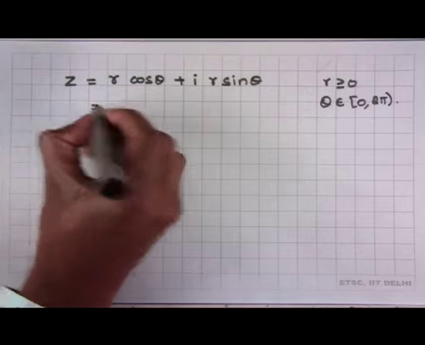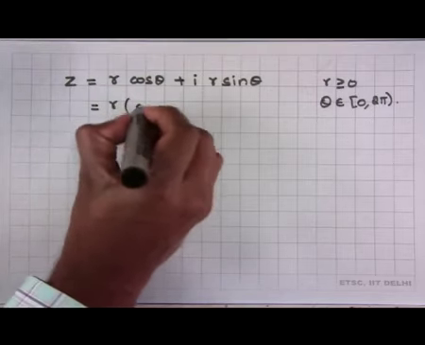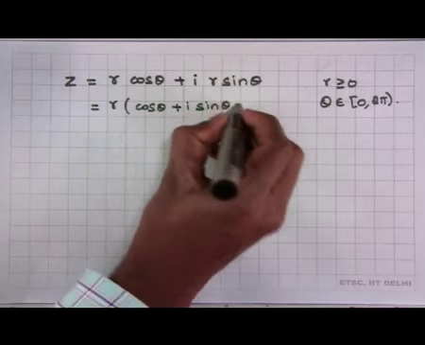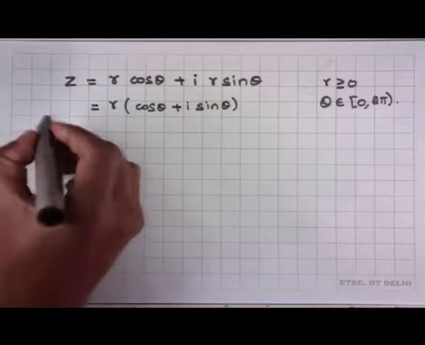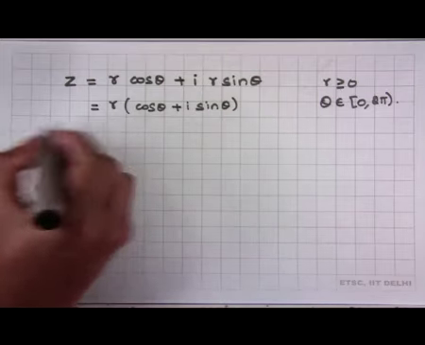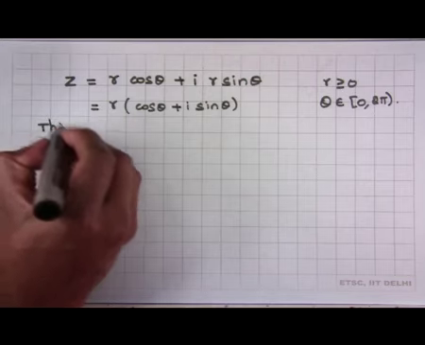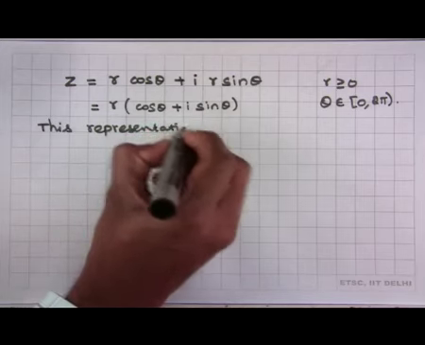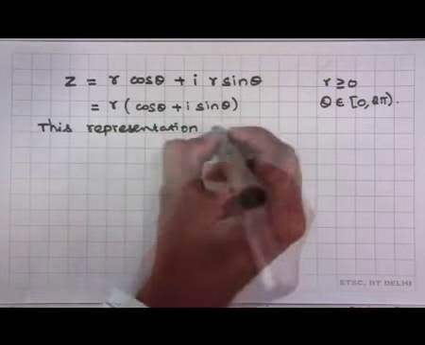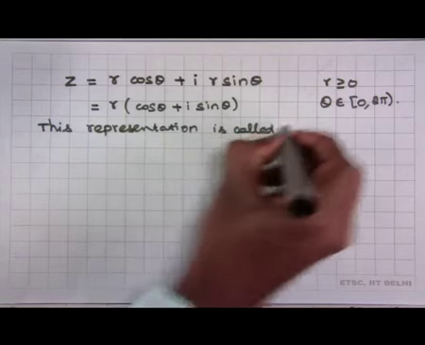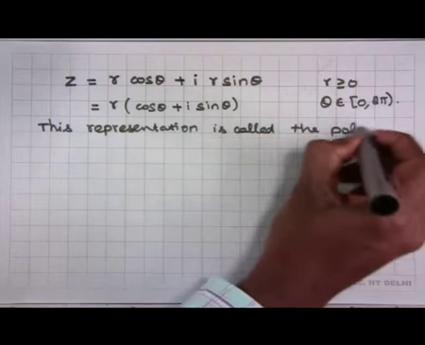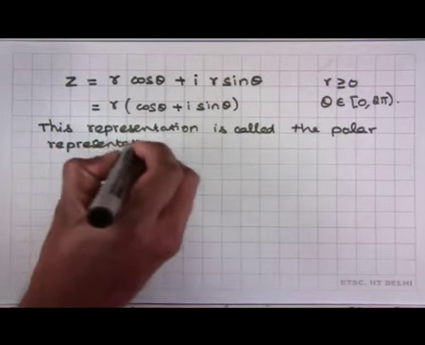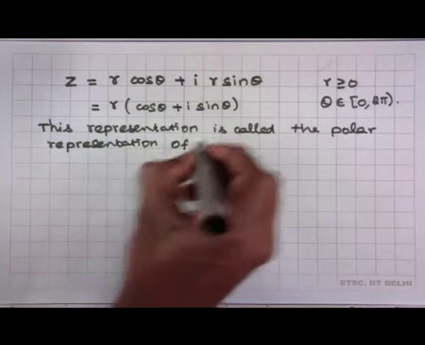Further this can be written as r times cos theta plus i sin theta, and such a representation is called the polar representation of z.